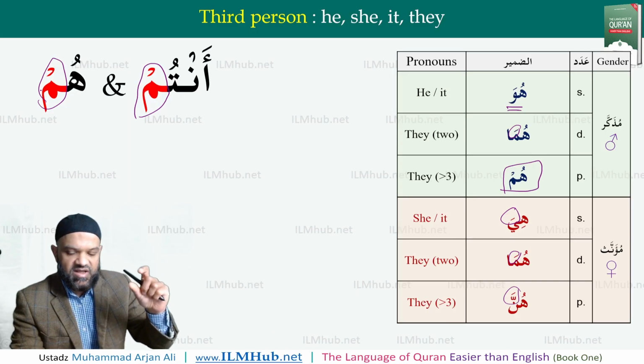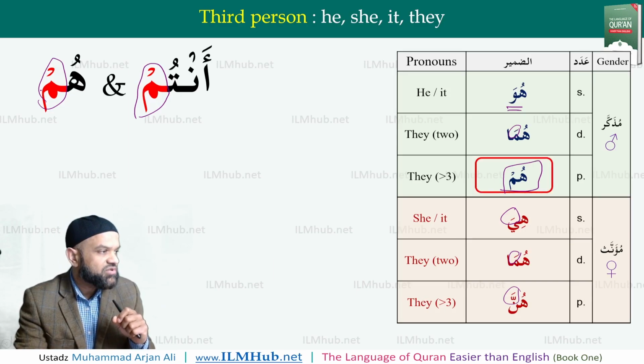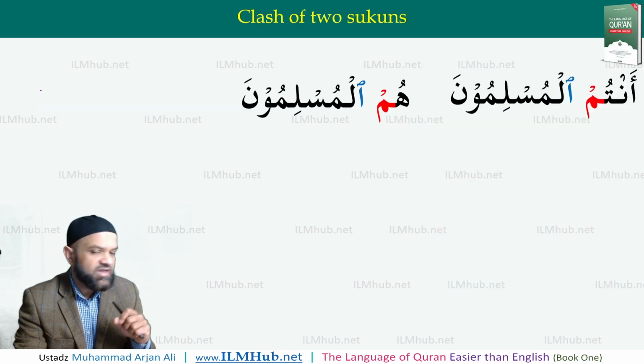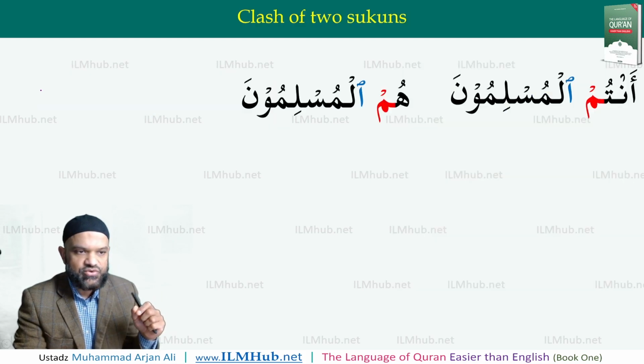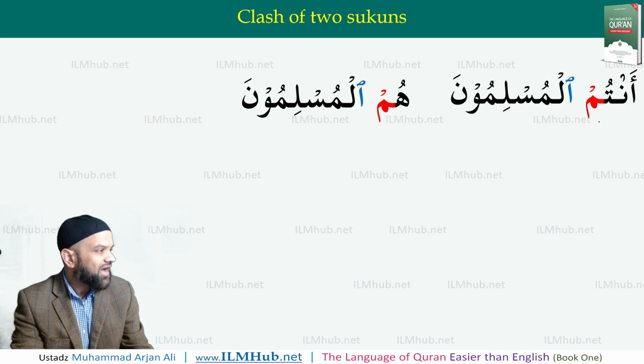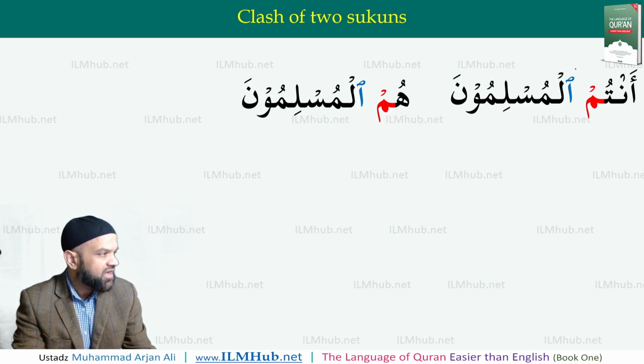There is no vowel applied. This causes some problems when it comes to reading in Arabic. So please pay attention to the two examples on the screen. I have here antum, you all. If I want to read this, I will say antum, pause, al muslimuna, and then I say here hum, and again I pause, al muslimuna.